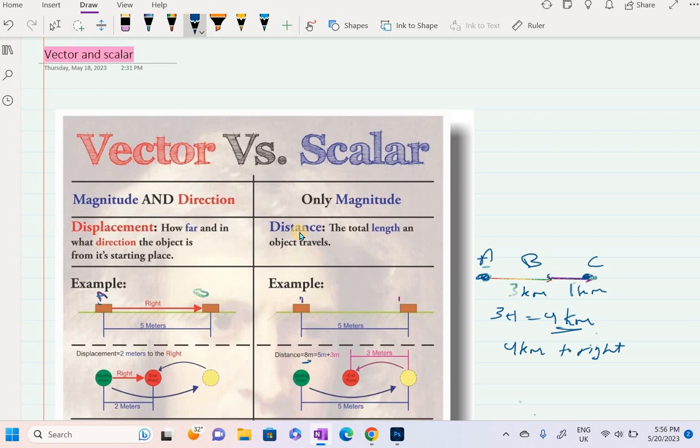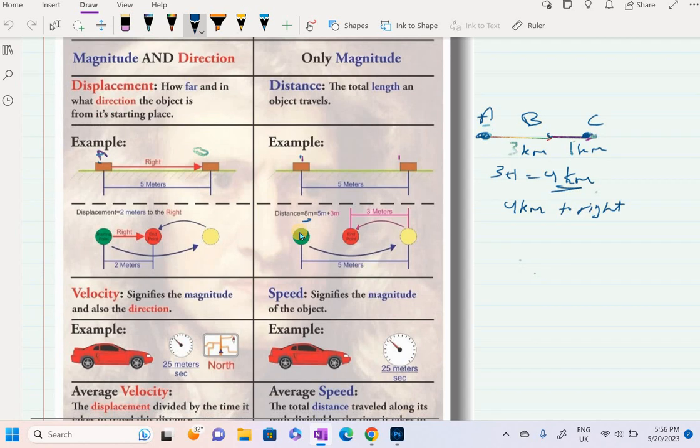So the length between green and red is, for example, 2 meters and to the right. I don't care about this part. The displacement, I told you, is the length between the starting point till the end point. I hope you understand the difference between these two, distance and displacement.